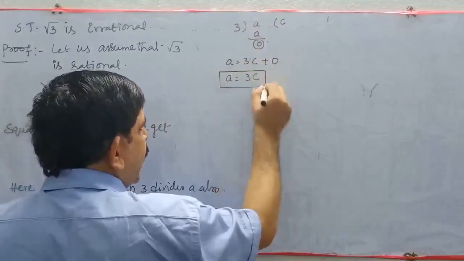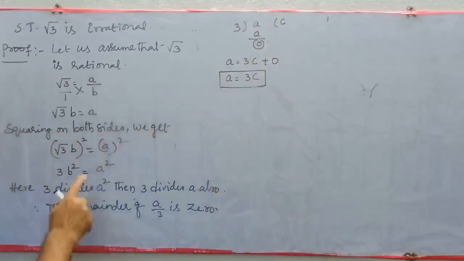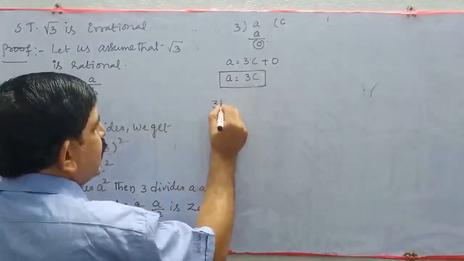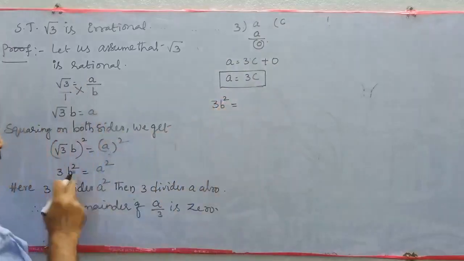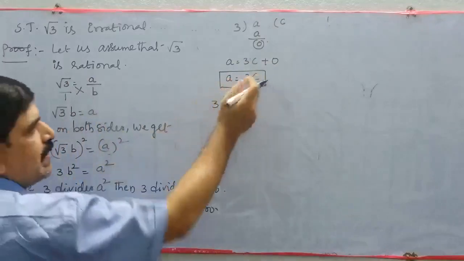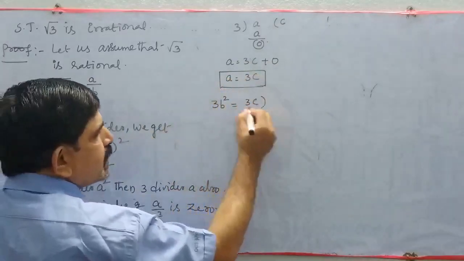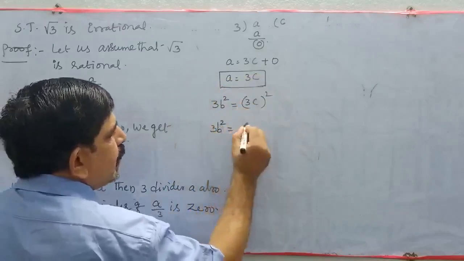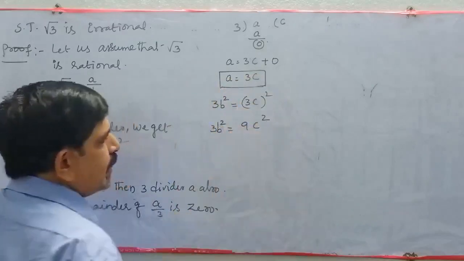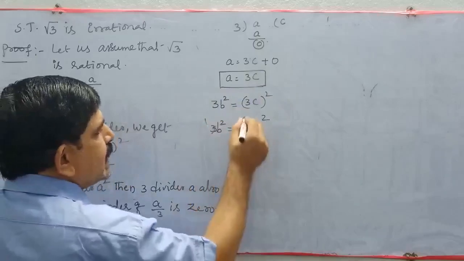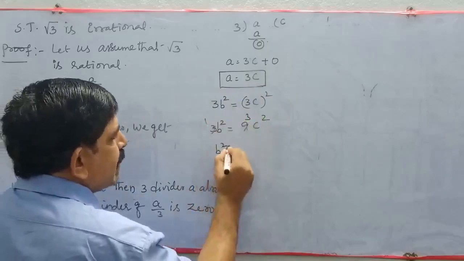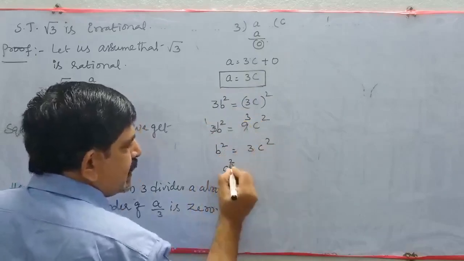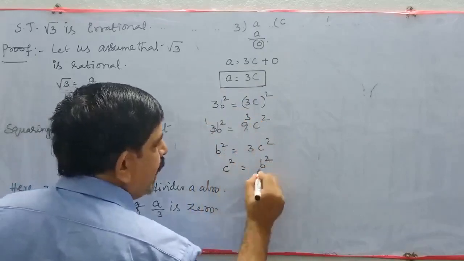You substitute a is equal to 3c in this equation. 3b square is equal to a square, so 3c whole square. Now 3b square is equal to 9c square. 3 ones are 3, 3 threes are 9. Then b square is equal to 3c square. We write c square is equal to b square by 3.